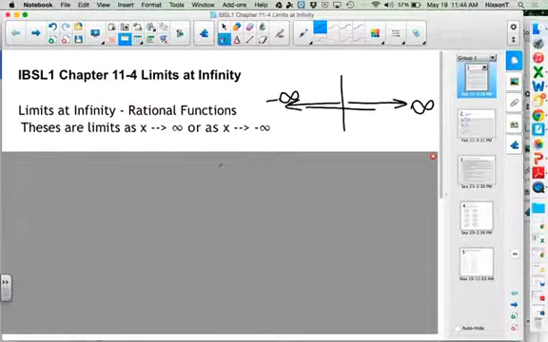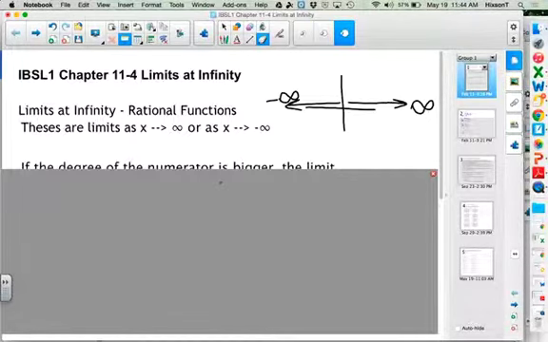Sometimes these are called a limit to the left or a limit to the right. I don't use that term real often because it's easy to confuse that with a left-hand or a right-hand limit, which is something totally different, as you guys know already. But these are x's as we go to negative infinity or positive infinity.